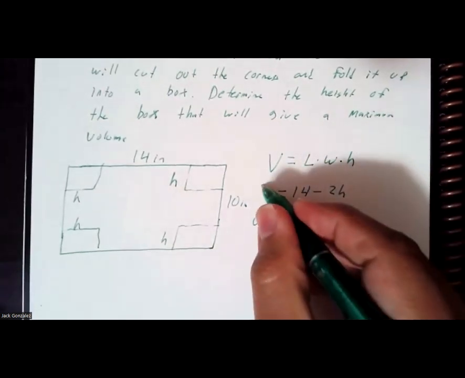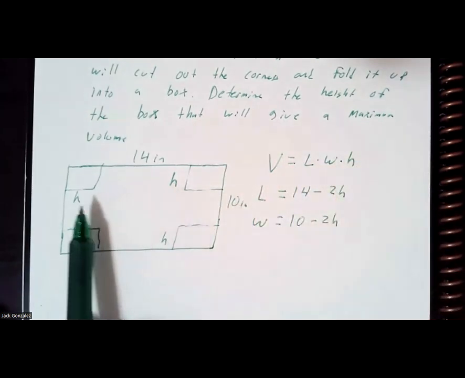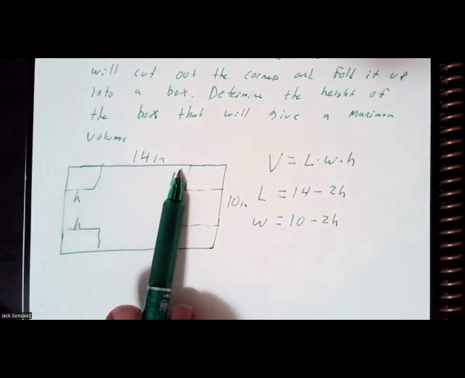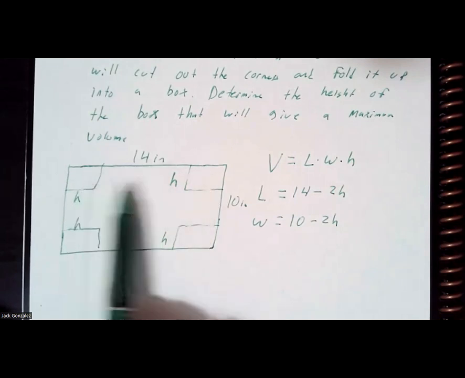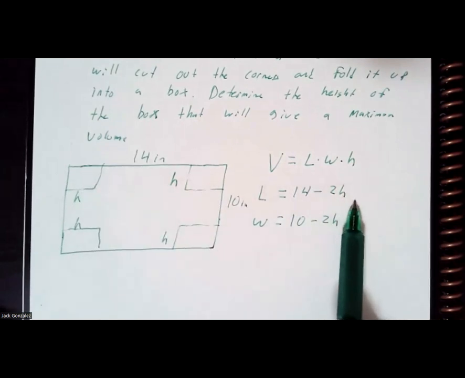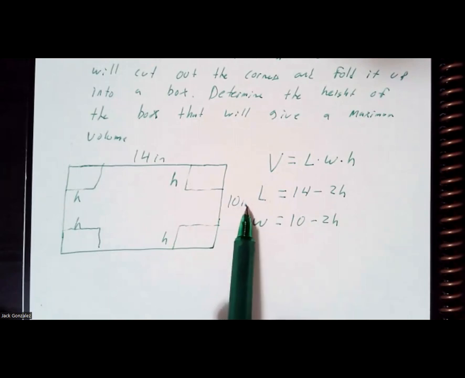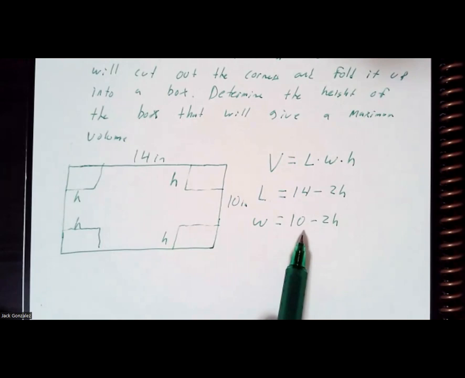Does it make sense? We have a length of 14 inches, but I'm going to subtract an h. I'm cutting out h and h, so it should be minus 2h. I have a width of 10, so subtract 2h.